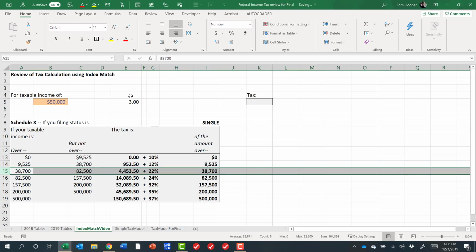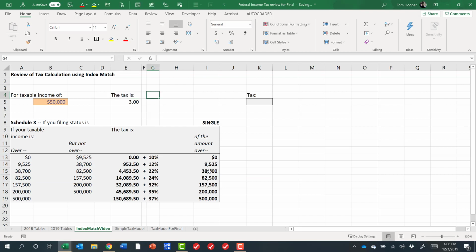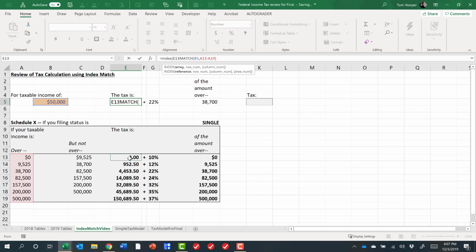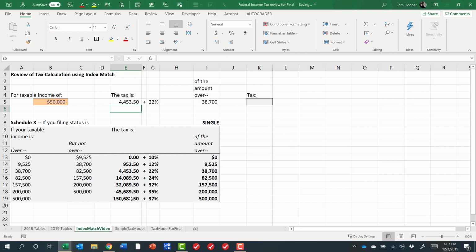So if I'm trying to calculate the tax, and I were able to populate these 3 cells using index match, then I could come in here and say that the tax is equal to, didn't populate that one correctly, did I? To populate these 3 cells, I'll use index match to get the 4453.